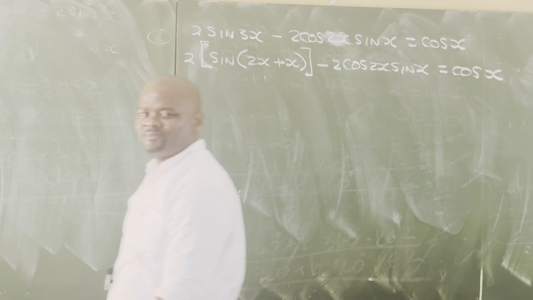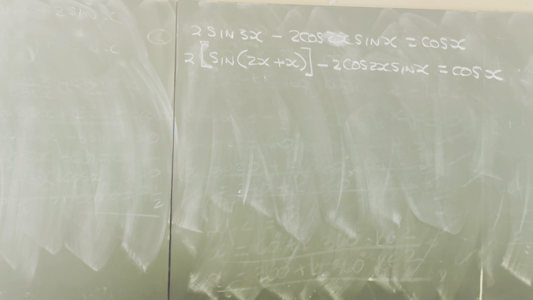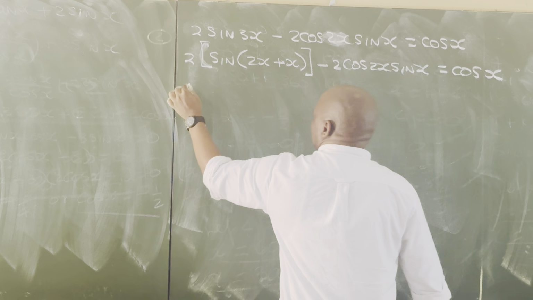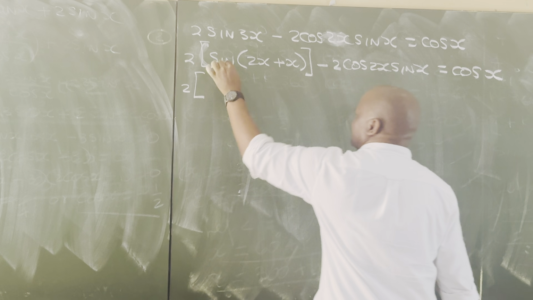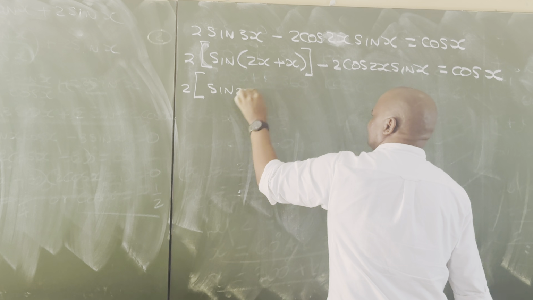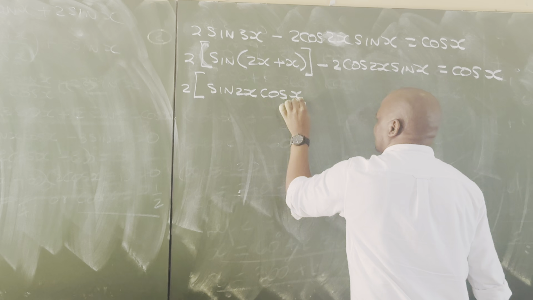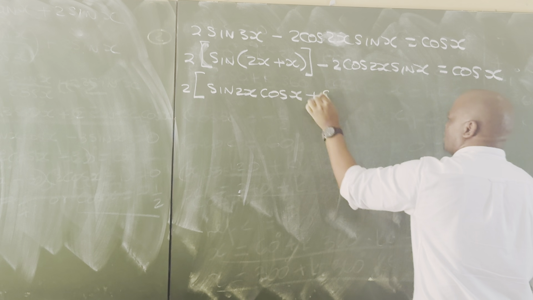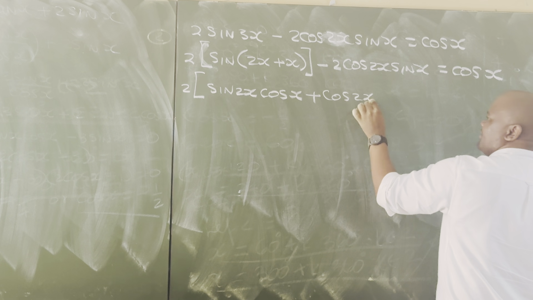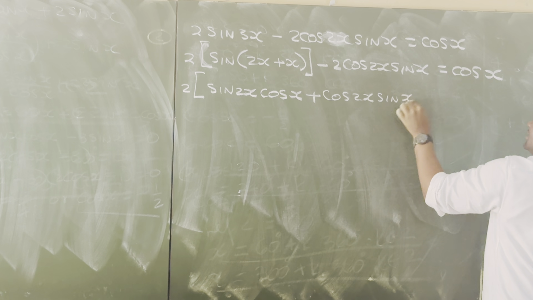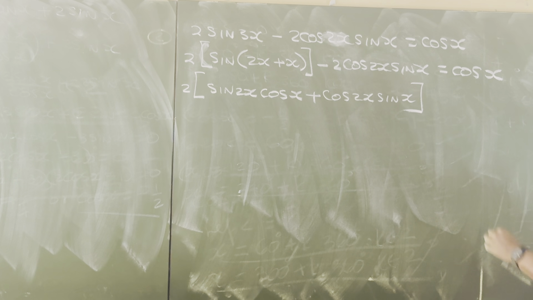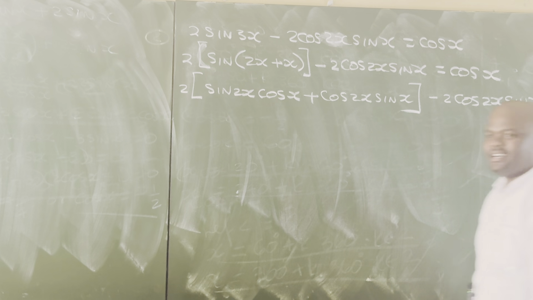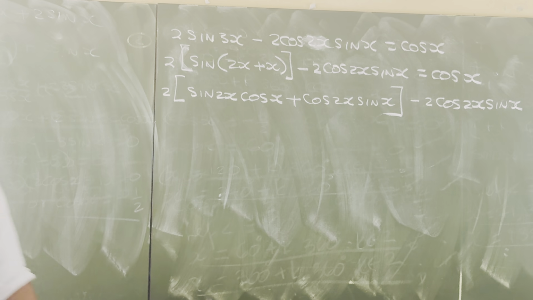And then from here, we expand using the compound angle formula. So this will be 2 into sine the first angle, cos the second angle, plus cos the first angle, sine the second angle, then negative 2 cos 2x sine x is equal to cos x. And then distribute by 2.